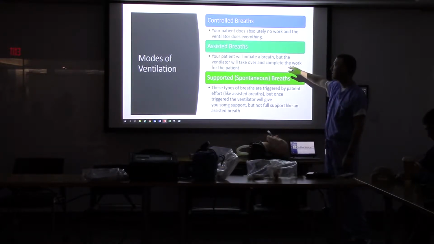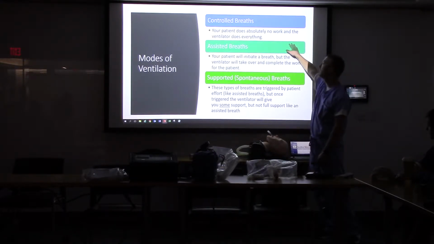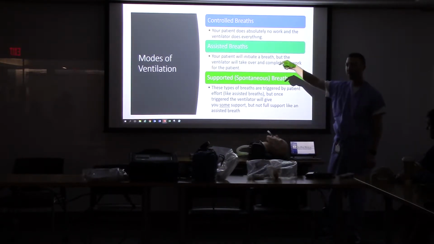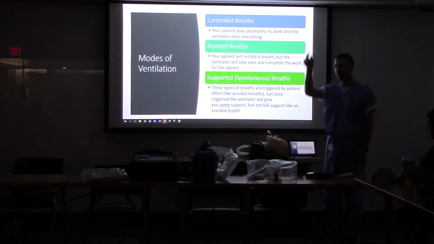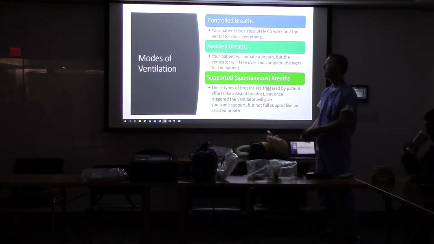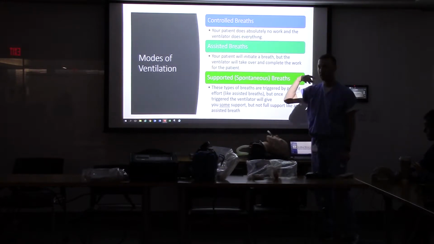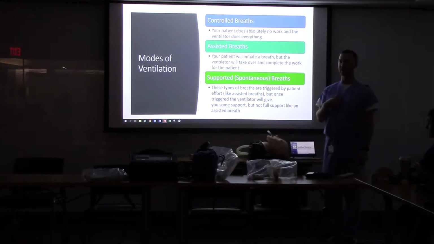Assist, and the patient has no control as far as when that breath is delivered. They can't breathe in between breaths. They have to wait until the timing hits every 5 seconds for a breathing rate of 12 or whatever the machine is set up. For assist, the patient will inspire negatively, drop the pressure down.